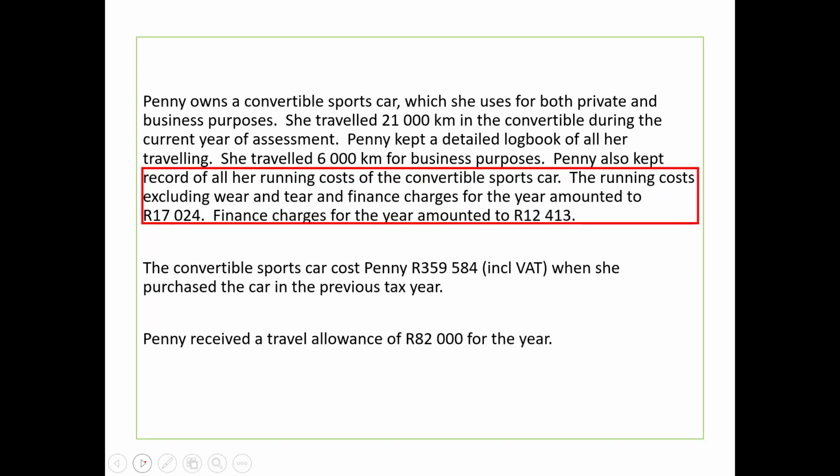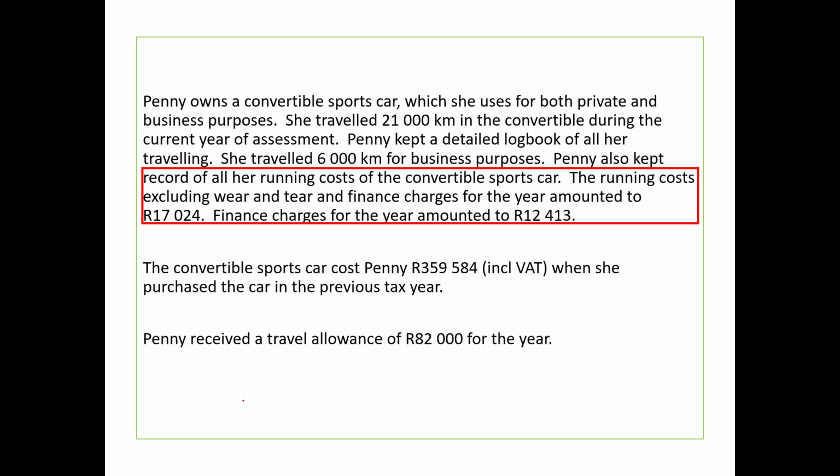Right. Now, since the taxpayer has kept record of all their expenses, they have two options available in terms of determining the net amount that should be included in taxable income. They can either make use of the actual costs that have been incurred.